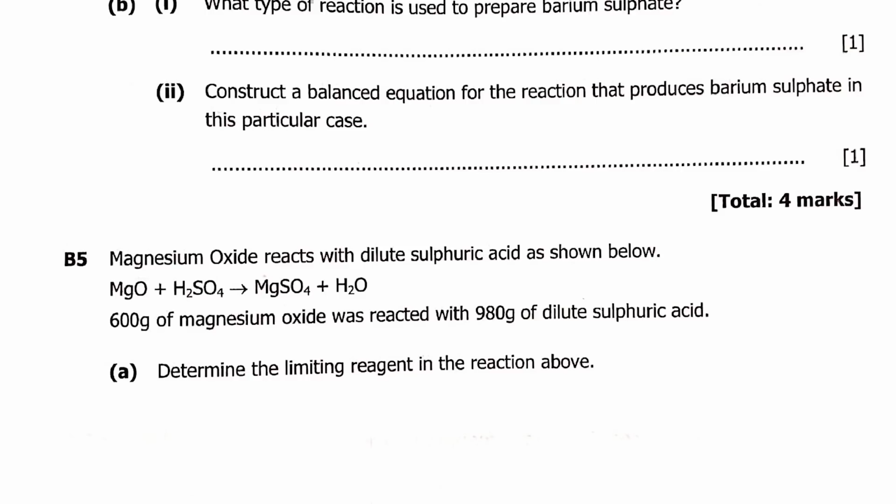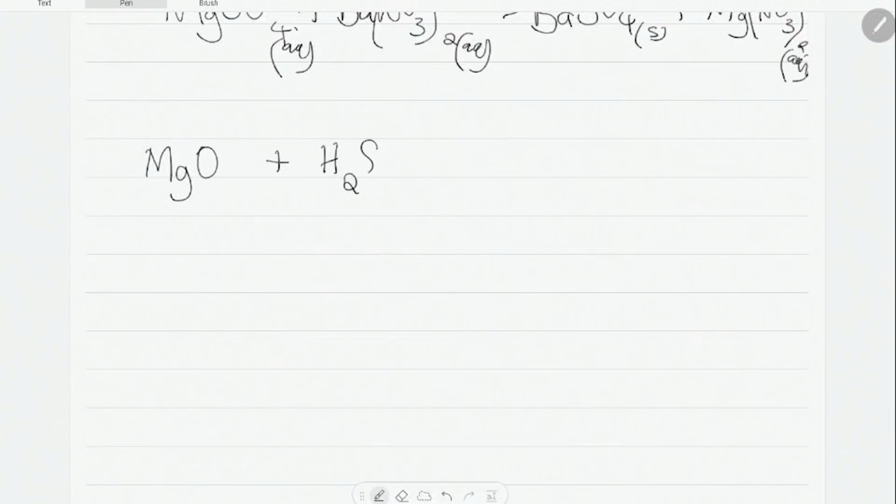So for us to determine the limiting reagent in the reaction, we need to take the mole ratios. So we'll say magnesium oxide plus H2SO4.